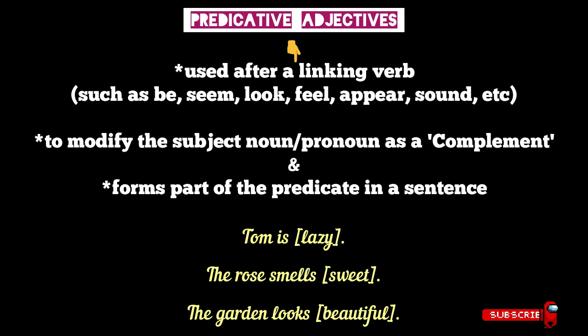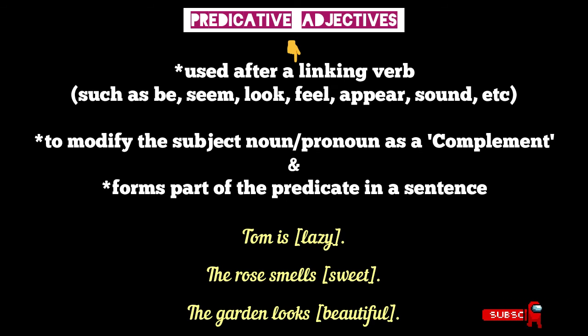It's called a predicative adjective because it forms part of the predicate of a sentence. For example, Tom is lazy. In this sentence, the adjective lazy comes after the linking verb is to describe the subject noun Tom. Here lazy is a subject complement forming part of the predicate to complete the sense. So clearly lazy is a predicative adjective here.